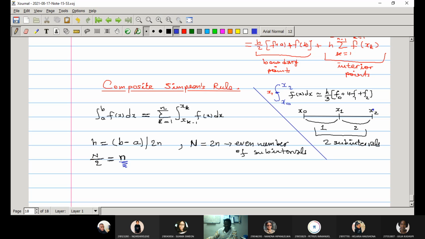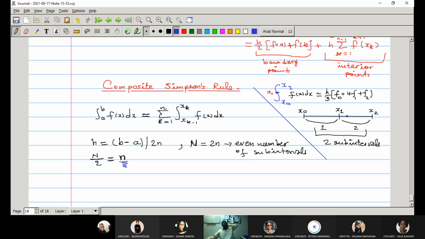You can see that 0 and 2 are what we call even numbers, right? Meaning that it can be written as 2 times something, right? So I have this 0 and 2. These are multiples of 2, because you can write 0 as 2 times 0, and 2 as 2 times 1, right?